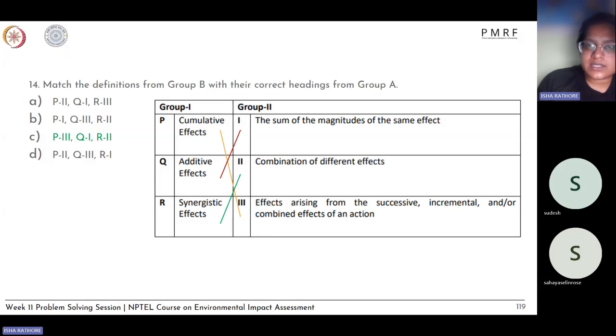Okay, so the correct answer is C, that is cumulative effects, as the effects arising from the successive, incremental and or combined effects of an action.